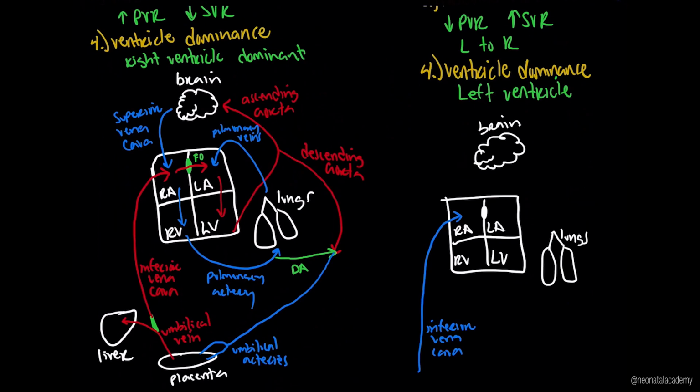So now that we have that left to right shunting, there is a flap that goes into the left atrium that will close over the foramen ovale, functionally closing. So deoxygenated blood will then run from the right atrium to the right ventricle and out through the pulmonary artery to the lungs, where now gas exchange is being performed.